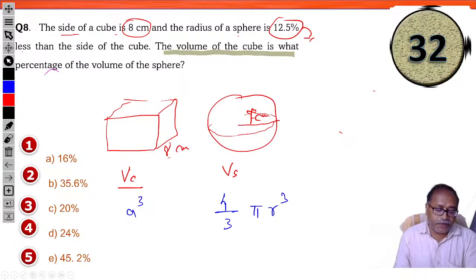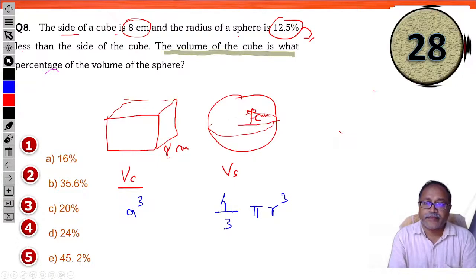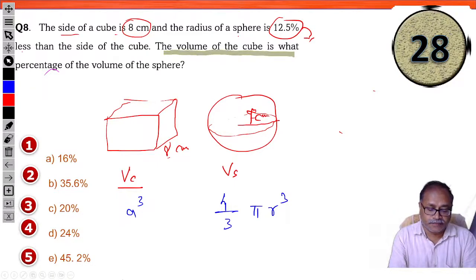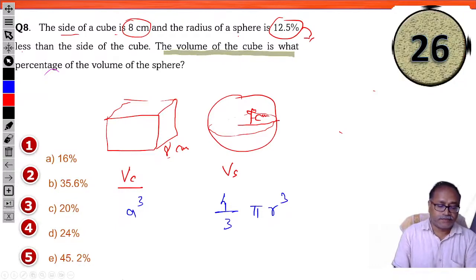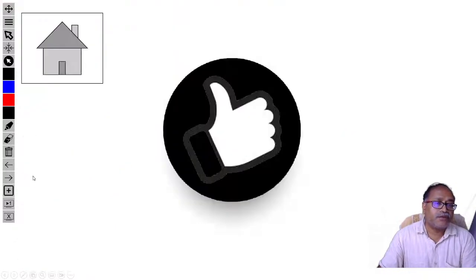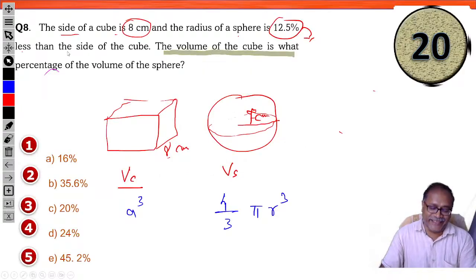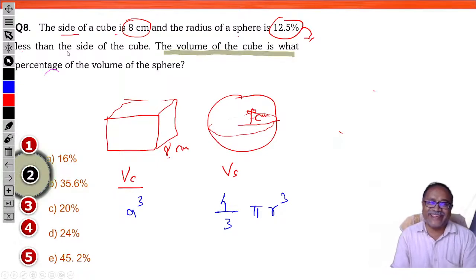Is this the formula? Nilambar Sahu, option B. Wow, well done, well done. Option B, that's great. Now I will answer the question.